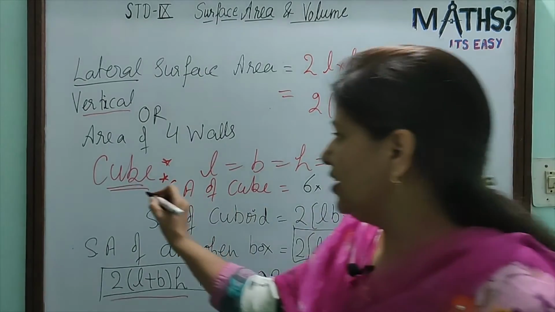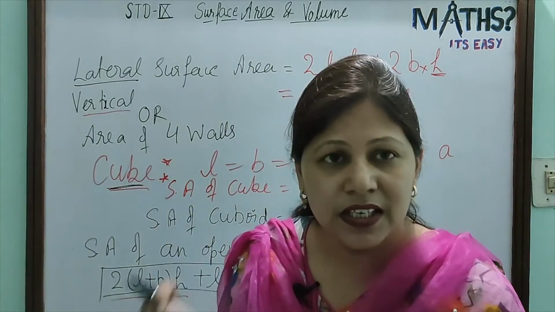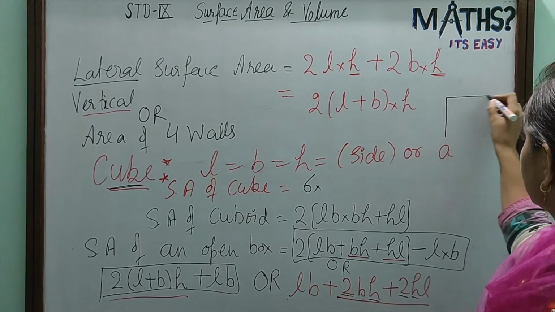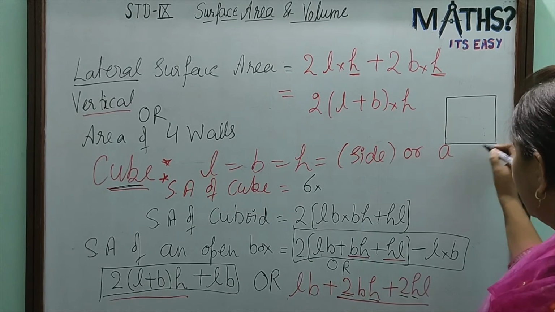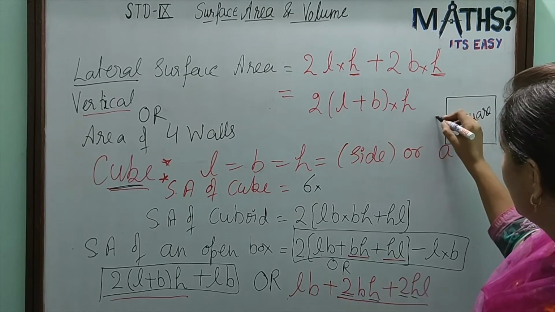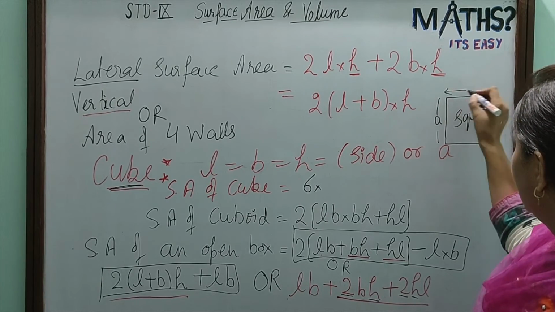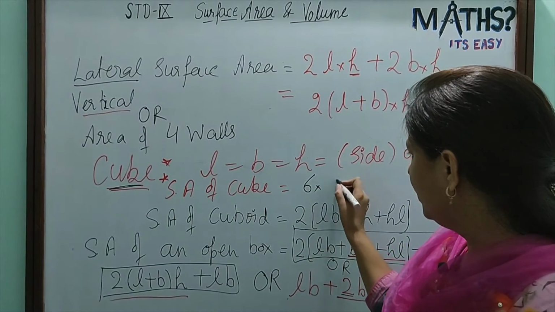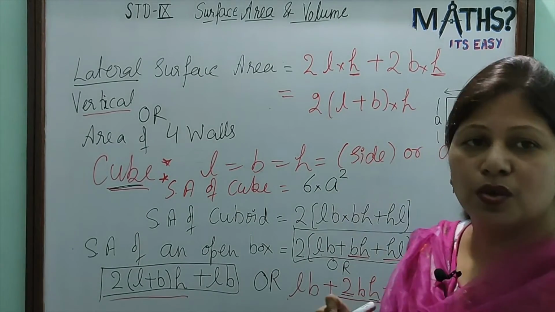And the interesting thing in cube is, as all the dimensions are equal, each surface becomes a square having side A and A. Okay, so its surface area will be 6A square.